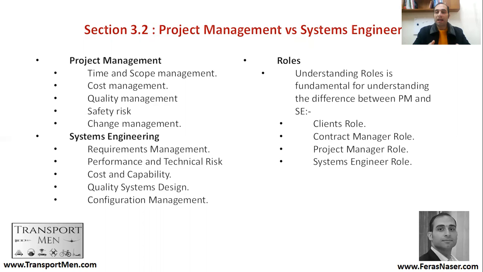Through contracts it can also be managed through a contract manager role. As a project manager, you can play that role focusing on cost, quality, and time. And as a systems engineer, you can focus on performance, on technical risk, and on requirements. So performance is a big thing and understanding the requirements is a big thing in systems engineering.